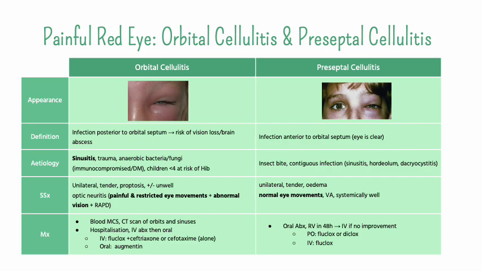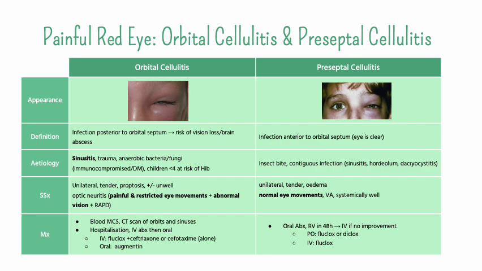The main cause of orbital cellulitis is sinusitis, but causes also include trauma, anaerobic bacteria or fungal infection, particularly in immunocompromised patients and patients with diabetes. Children under 4 are also at risk of Hib infections and therefore orbital cellulitis. For the signs and symptoms of orbital cellulitis, the main things to consider are optic neuritic features. These include painful and restricted eye movements, abnormal vision, and a relative afferent pupillary defect.